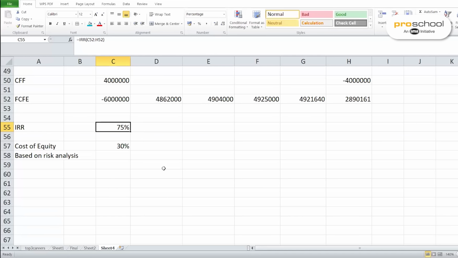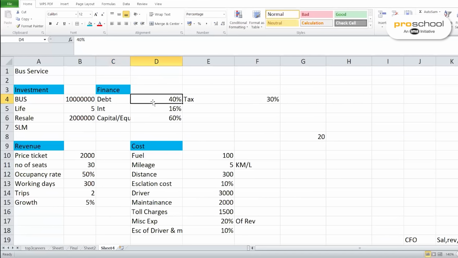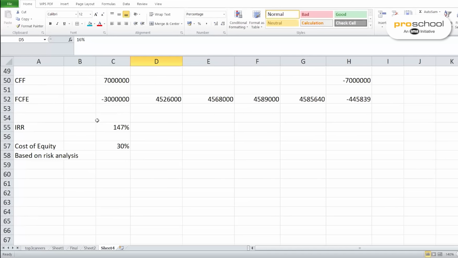Let me give you just one last idea of it. Suppose the bank tells me, why are you taking a loan of 40%? We are ready to finance your project for 70%. Now suppose I take a loan of 70% over here. By just changing one figure, you will see my whole calculation changes, right?